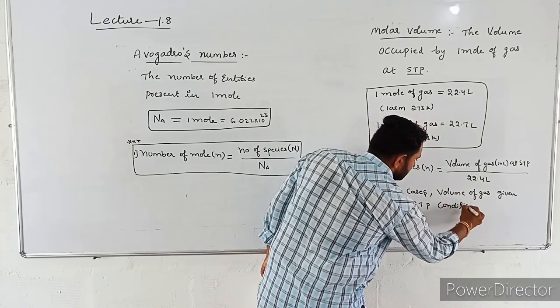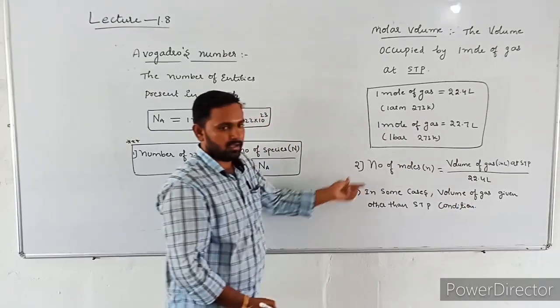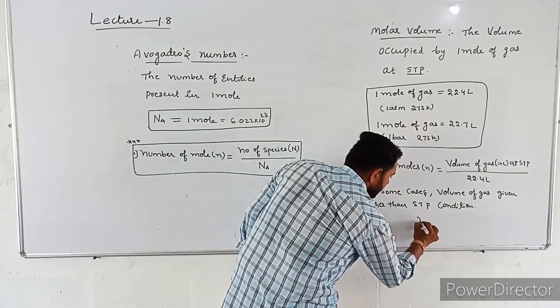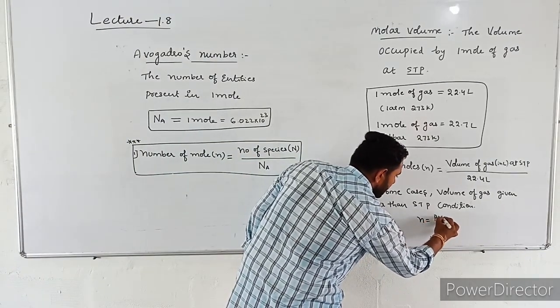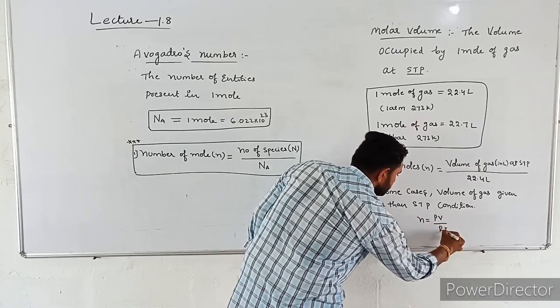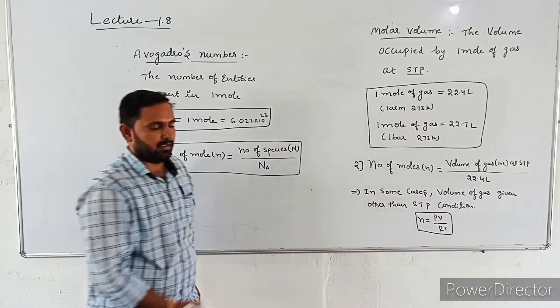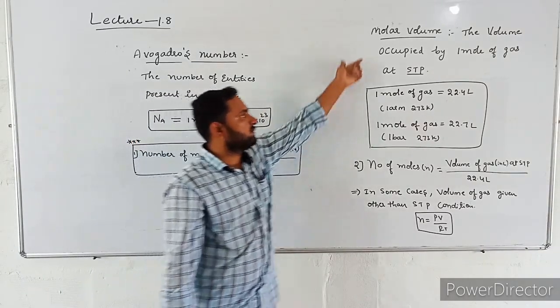In such cases, we don't use this formula. In such cases, we have to use this formula: n is equal to PV by RT. PV by RT. Okay.